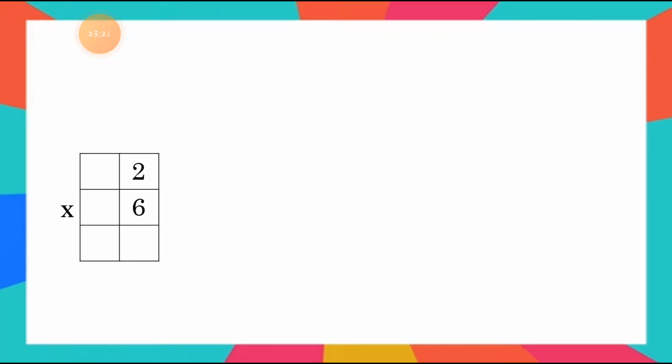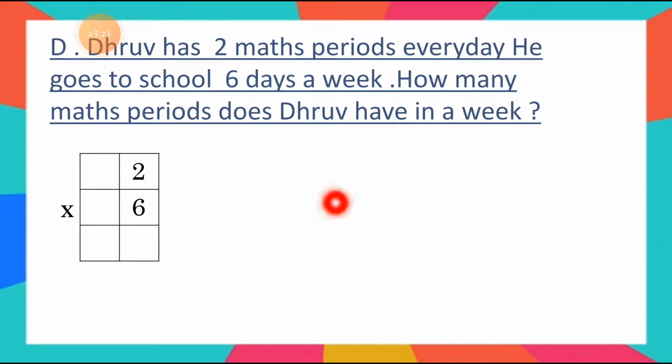So we have to count that he attends 2 maths periods every day, so I am getting the information 2 from here. And how many days does he go to school? He goes to school 6 days, because day number 7 is Sunday, and Sunday is a holiday, so no one comes to school.